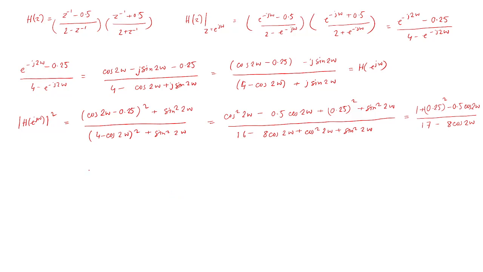0.25 you can write as 1 by 4 also. Therefore we get 1 plus (1 over 4) square minus half of cos 2 omega.